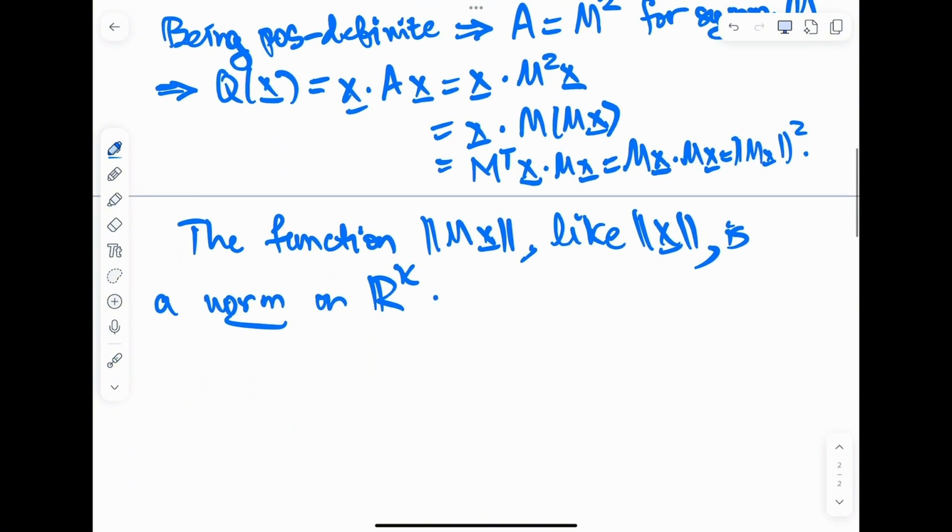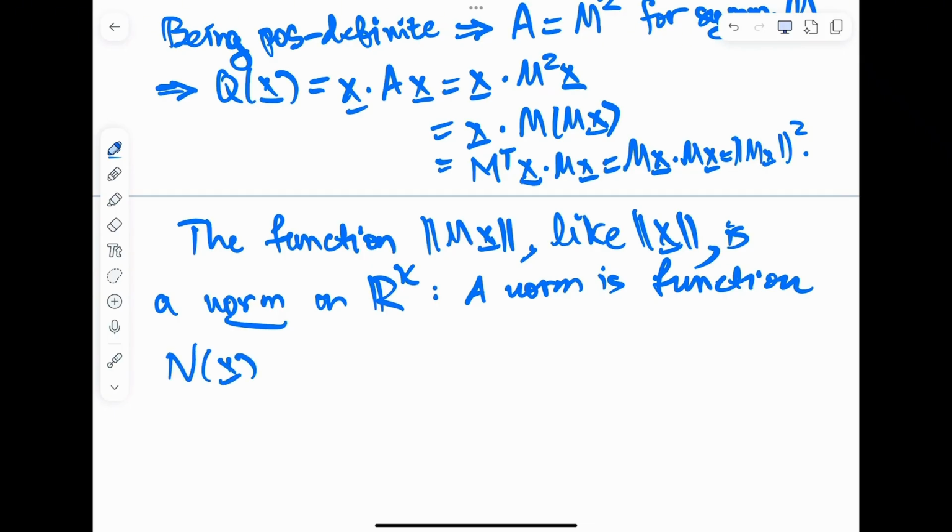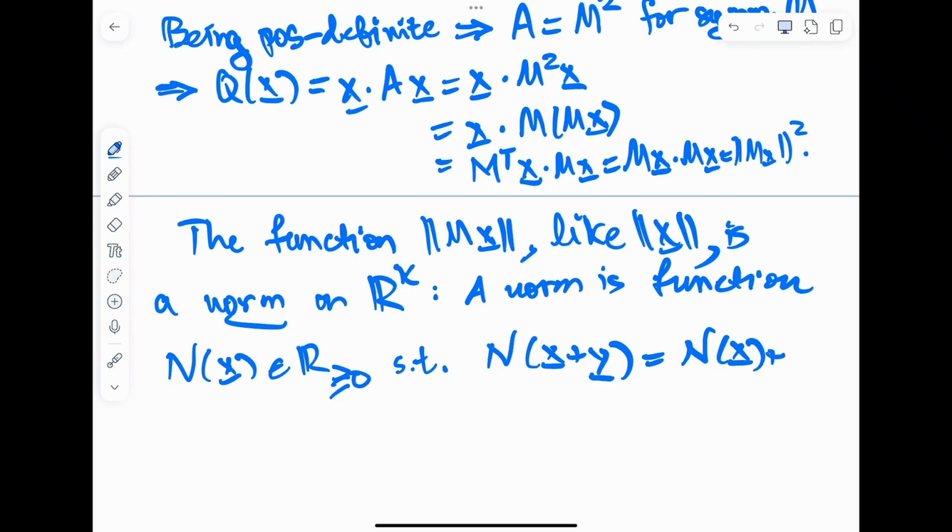A norm is supposed to be something, we'll call it N of x, which is going to take non-negative values, so that it satisfies the triangle inequality and, what else? Scalars should come out by their magnitude. Just think about properties of the length function.